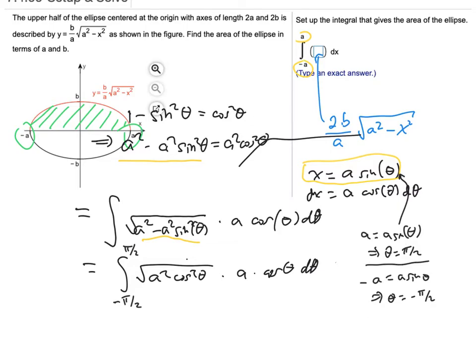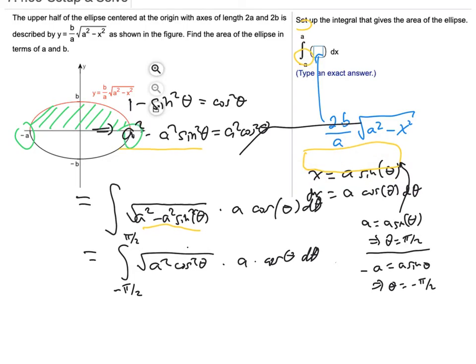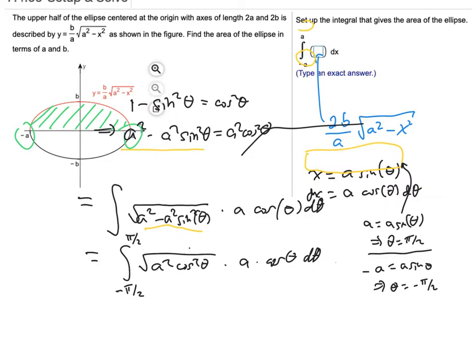And at that point, I know that when theta is between negative pi over 2 and pi over 2, the cosine function is always positive. So I'm not going to have to deal with any kind of absolute value when I take the square root of the square here.